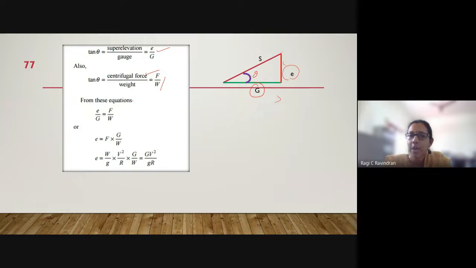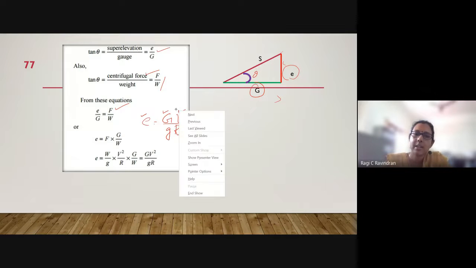Now you can equate both these equations, and finally you will get an expression: E is equal to GV square by small g R, where E is the super elevation, G is the gauge, V is the velocity, small g is the acceleration due to gravity, and R is the radius.